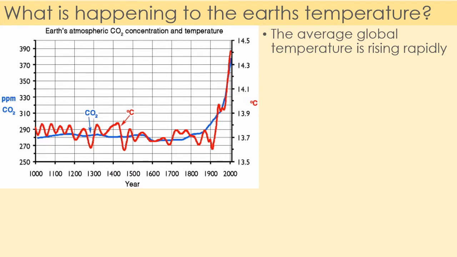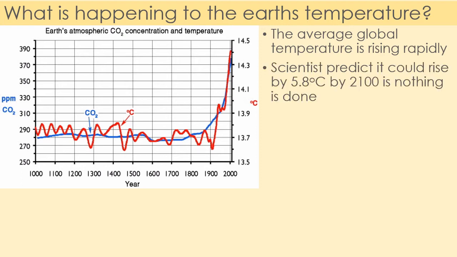We've gone from being about 13.6 degrees in 1900 to 14.4 degrees in 2000, so almost a rise of 1 degree in 100 years. If we look at the previous 900 years, we've not really had much of a change. Now scientists predict that if nothing is done, we could get a temperature change of 5.8 degrees by 2100.